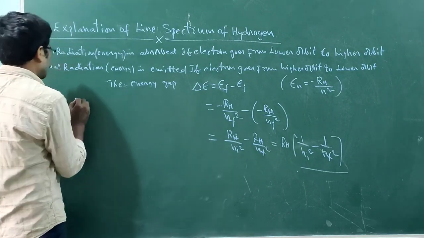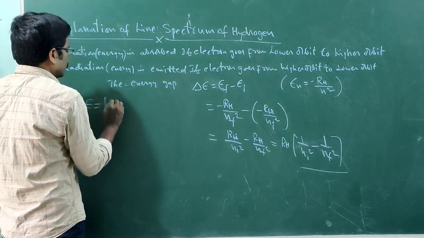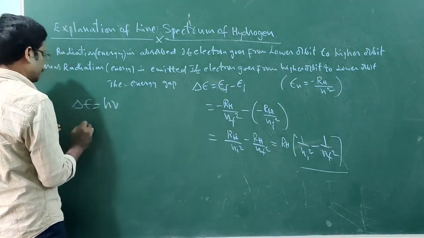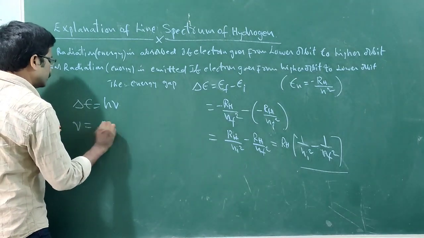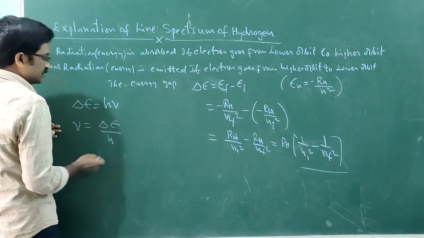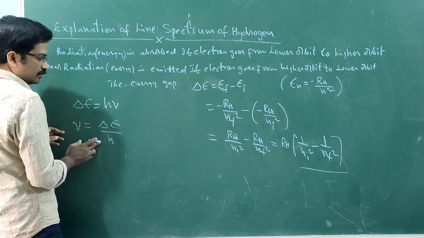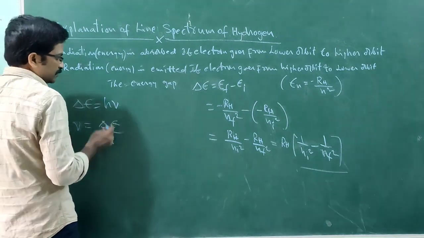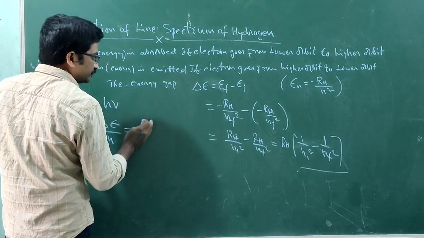Then we know del E is equal to h nu, so nu is equal to del E by h. Let us substitute it here.